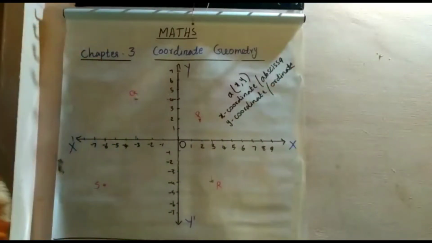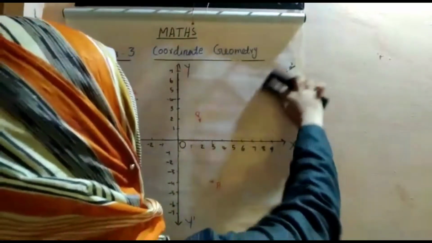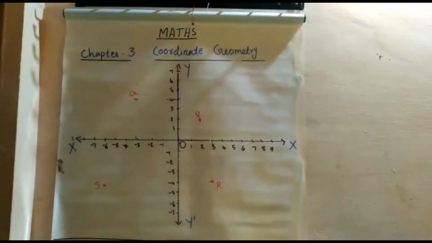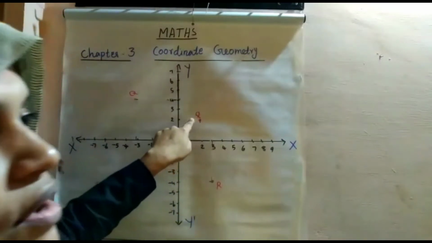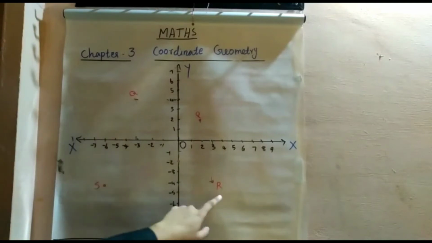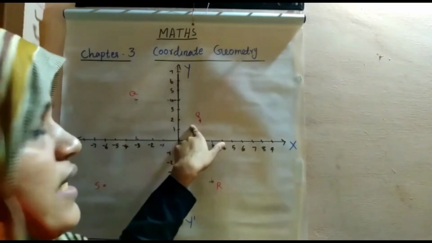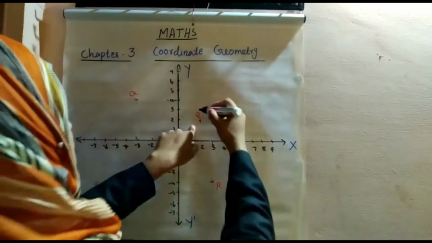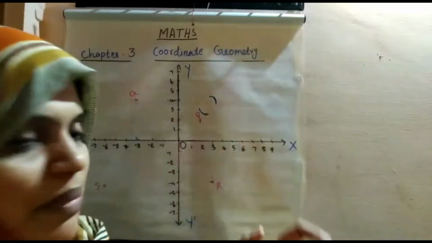Okay, let's discuss how to locate points in this Cartesian plane or coordinate plane. See, here 4 points are there, P, Q, R, S. We need to find the location, the position, of these 4 points in this Cartesian plane.